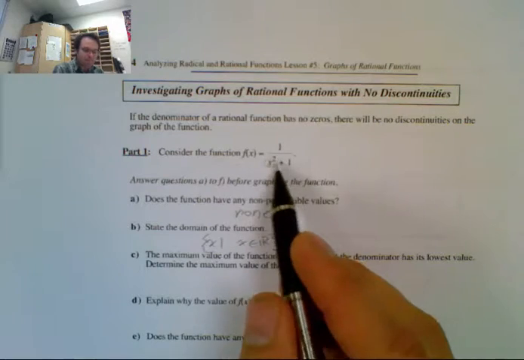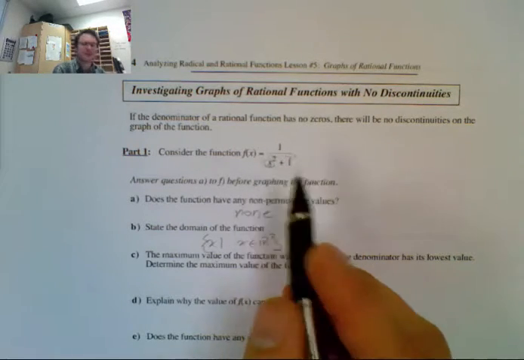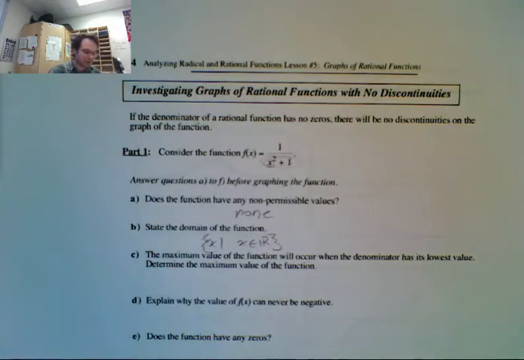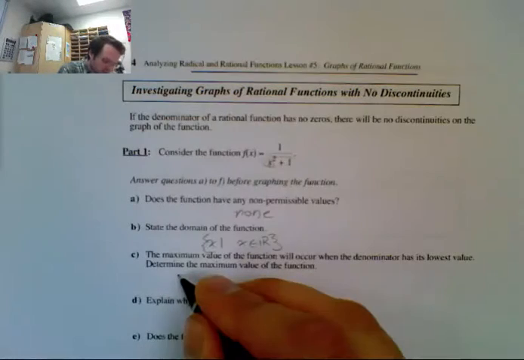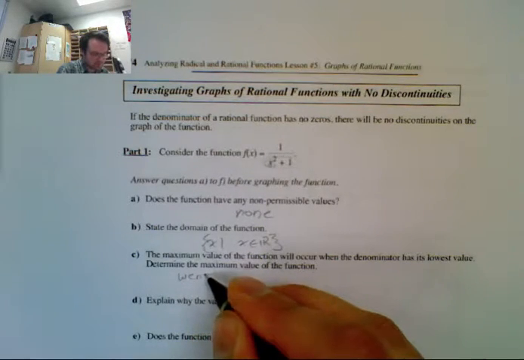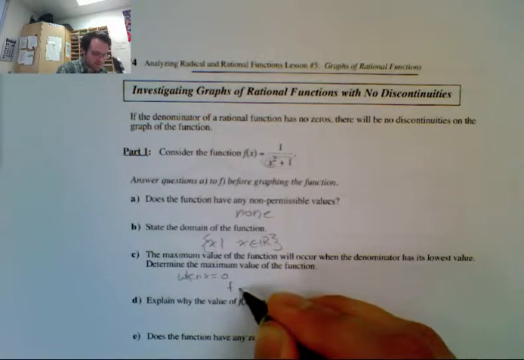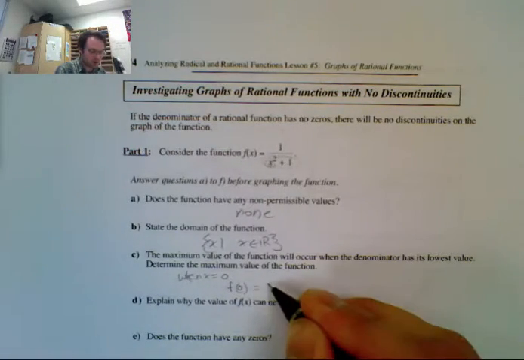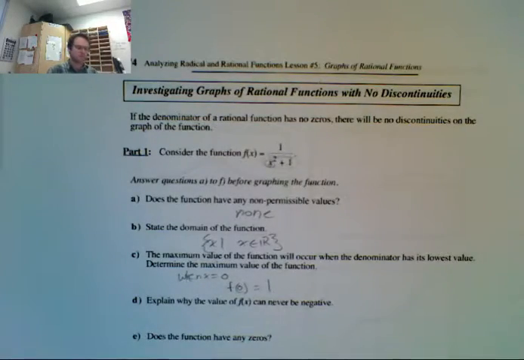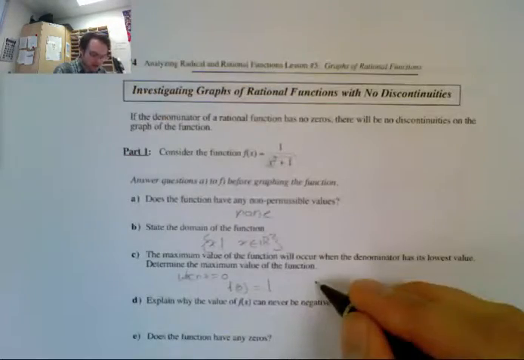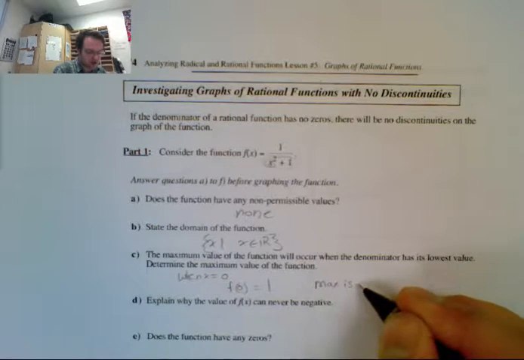So the smallest we can get our denominator is by putting x equal to 0, or in other words, when f of 0 gives us our smallest denominator, which is 1. So my max is equal to 1.